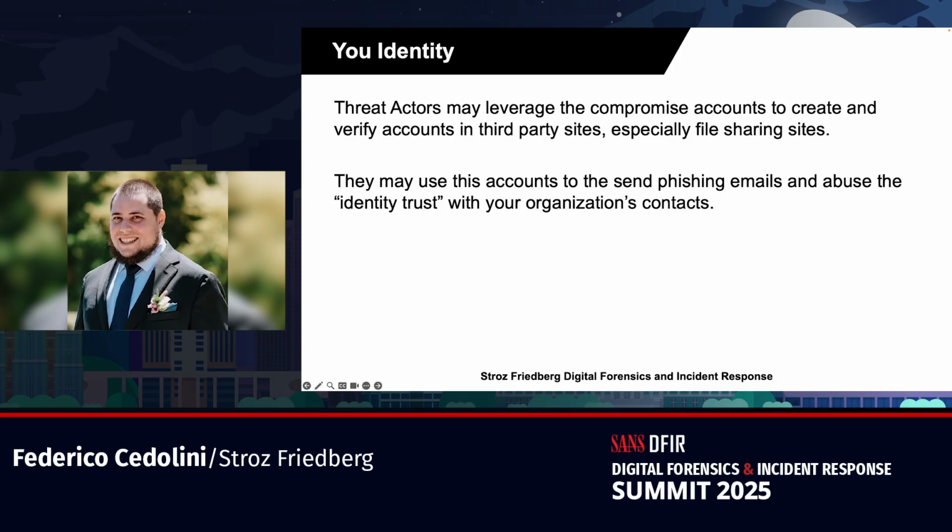They may use this account to create a third-party login into these platforms, and then leverage the identity trust that other organizations have with your organization just by doing their general business, just by being a well-known brand. They can leverage this identity to keep on phishing even after you remove them from your environment, just impersonating your user through these third-party services.